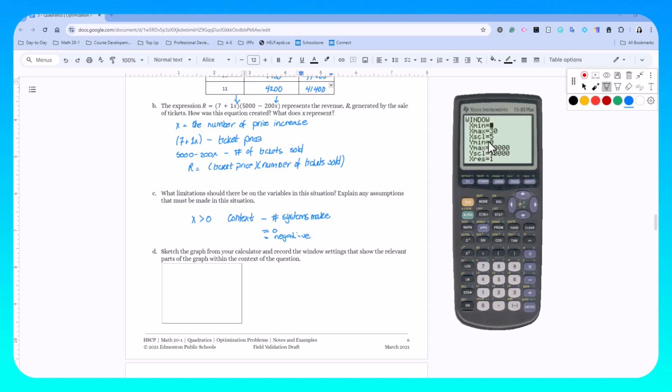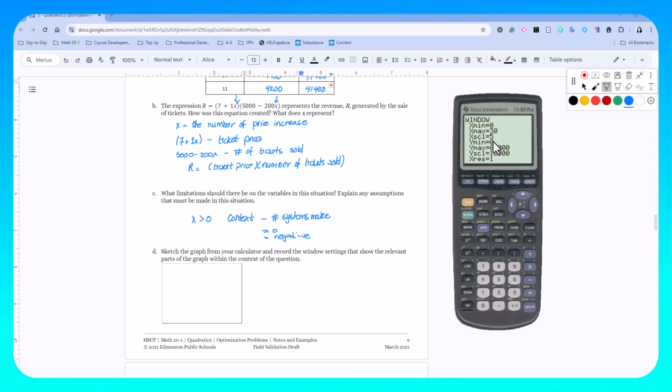Because I said that x had to be greater than 0, I put 0 as a minimum and 30 as maximum because I thought of x as the number of price increases. And I made the scale 5, and what I mean by that is those little ticks that you see on the axes. And same with the minimum value.